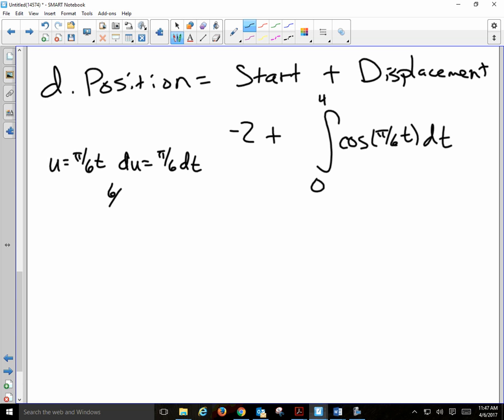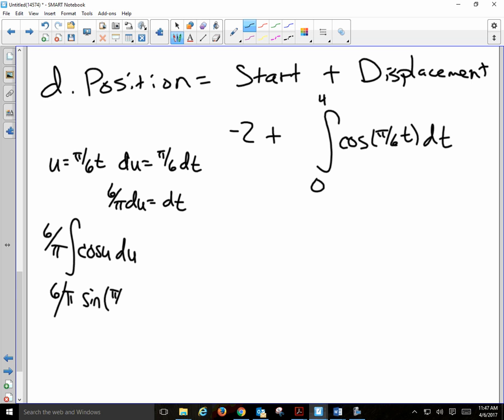So 6 over pi du is equal to dt. So it becomes 6 over pi times the integral of cosine of u du. What's the antiderivative of cosine? Sine. So we get 6 over pi times the sine of pi over 6 t. That's the antiderivative.